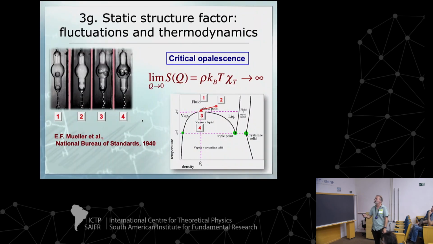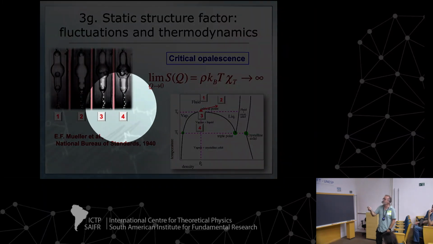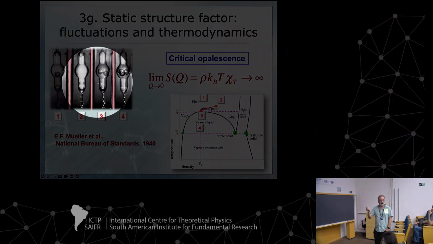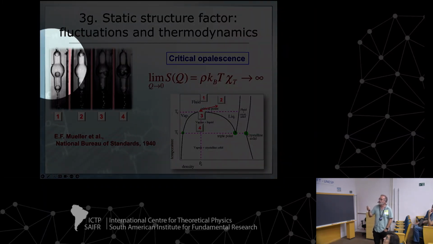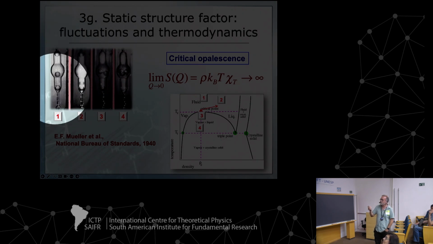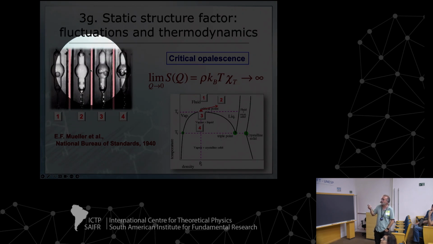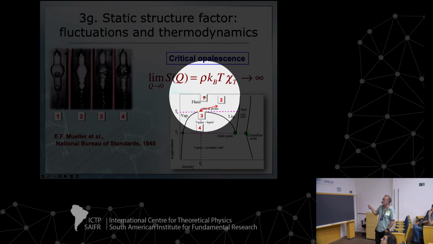And this is an old observation from the 1940s. You have seen already an example like this. This corresponds to carbon dioxide. You have 3 balls here. In state 1, that's fluid compressed.